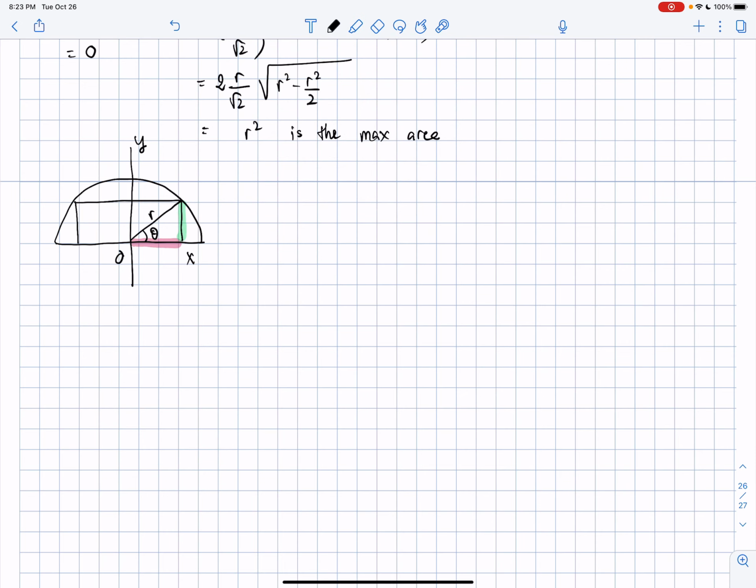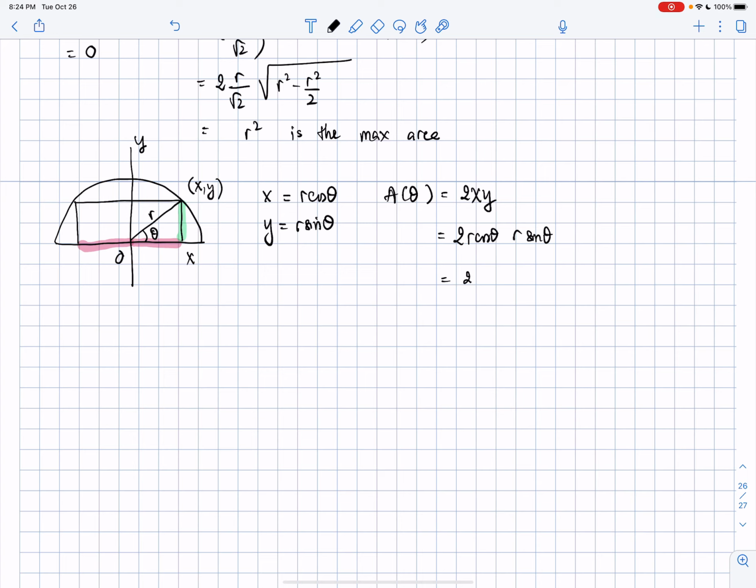So what is the x, y coordinate? x is r cosine theta, and y is r sine theta. So A of theta is equal to, because we have another x, 2 of the x times y, that is 2r cosine theta times r sine theta.